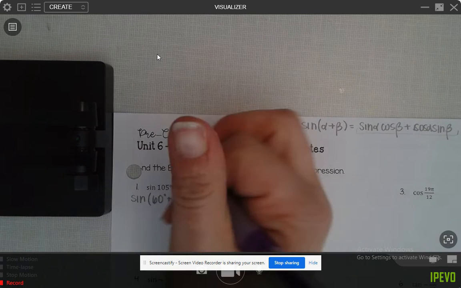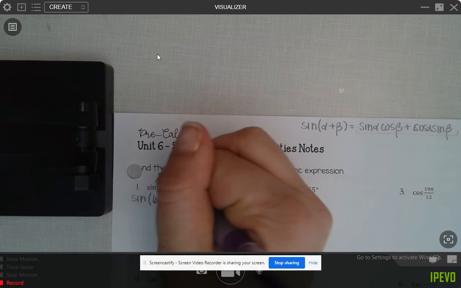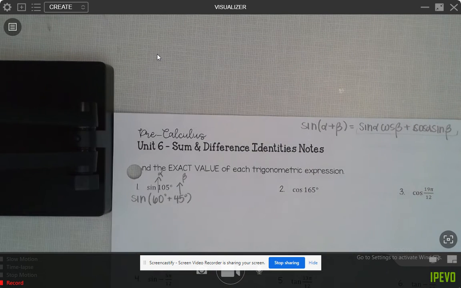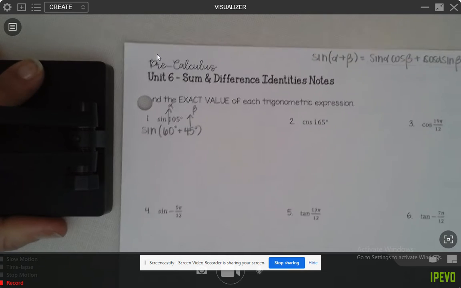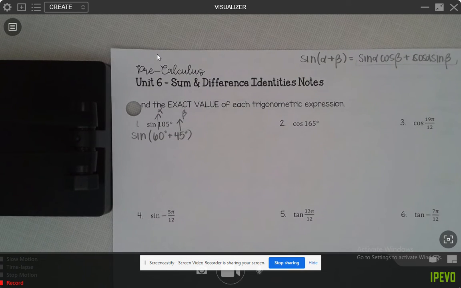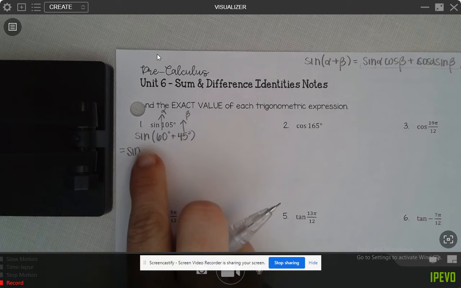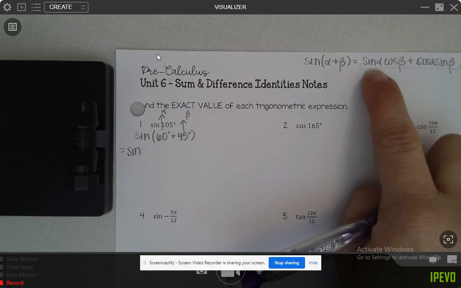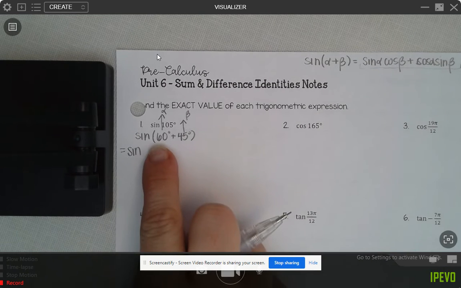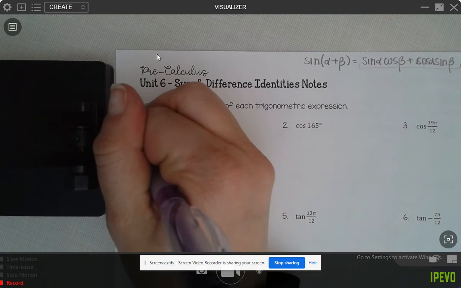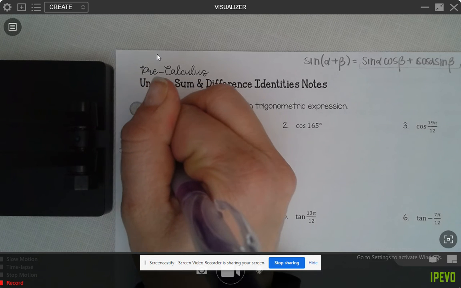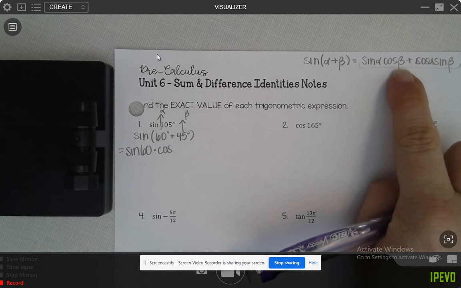So now I'm going to use what that equals. In this case, alpha is 60 degrees and beta is 45 degrees. Does that make sense? First angle is alpha, second angle is beta. Okay. So now I'm going to use my formula. That says this is the same as the sine of alpha. What is alpha in this case? 60 times the cosine of beta.